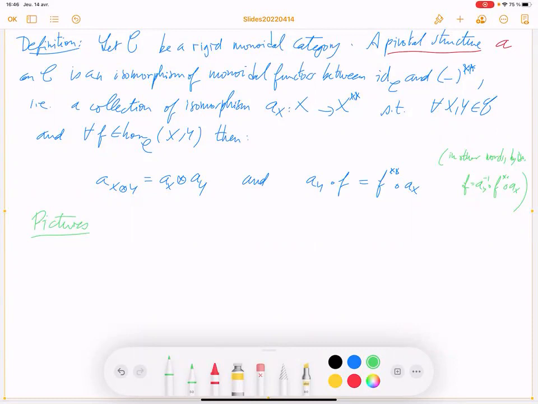Maybe it's only for tensor categories. Yeah, I guess it's true: X double dual is always isomorphic to X.